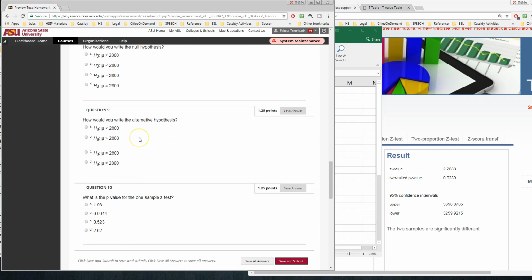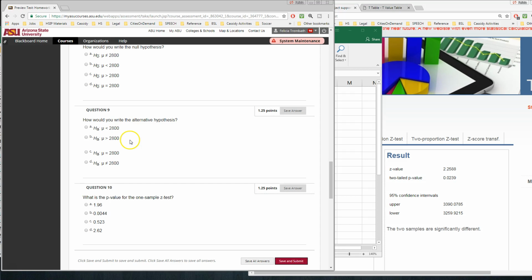My alternative hypothesis, I can write a couple of ways. I could write that it's just going to be different. But in this case, remember, I'm wanting to see if the birth weights are actually increasing to justify the expense of this program. If the birth weights are actually lower from others who participate in this program, then it definitely wouldn't justify the expense. So I want to look to see that the birth weights for women who participate are going to be increasing.